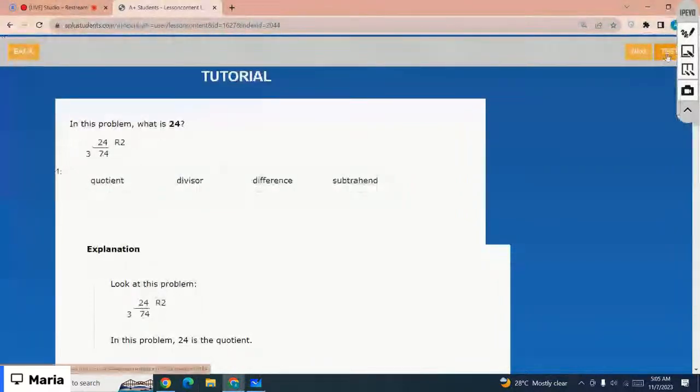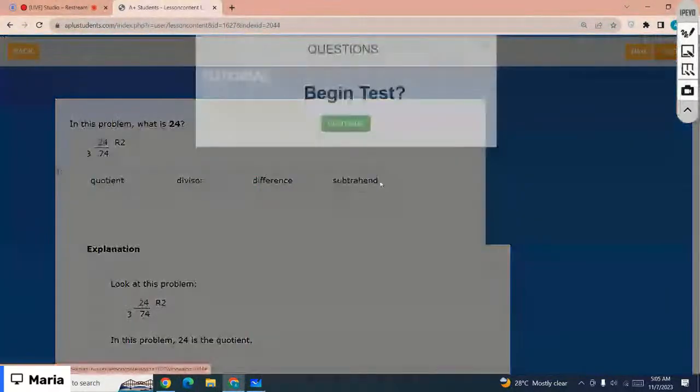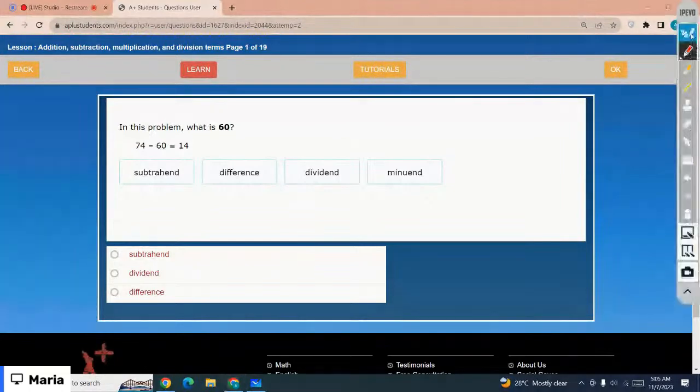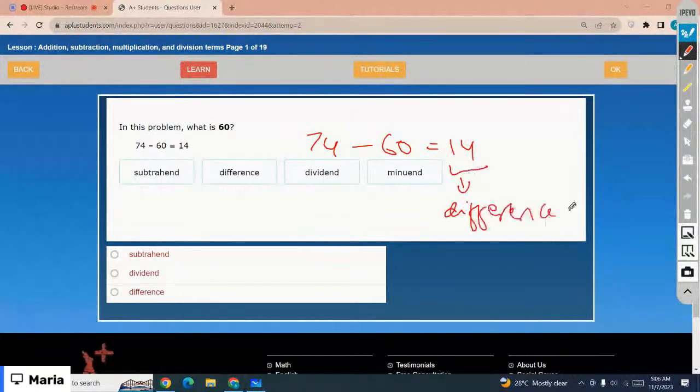Okay, let's just start with the test questions. In this problem, what is 60? You have 74 and 60. This is related to subtraction, so let's learn the terms related to subtraction. This is the difference of both the numbers.